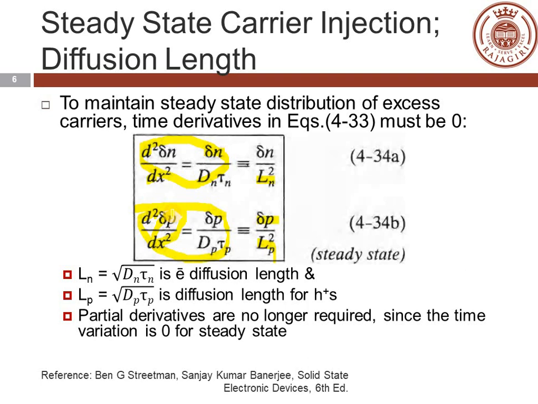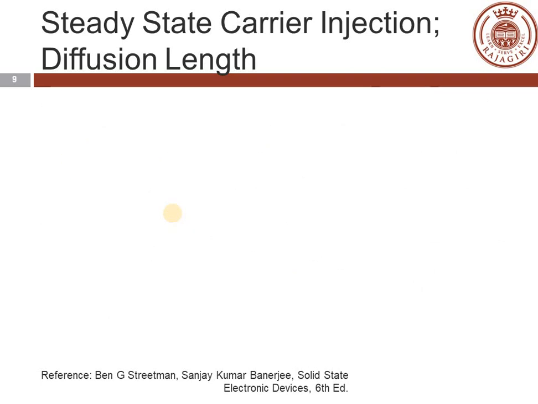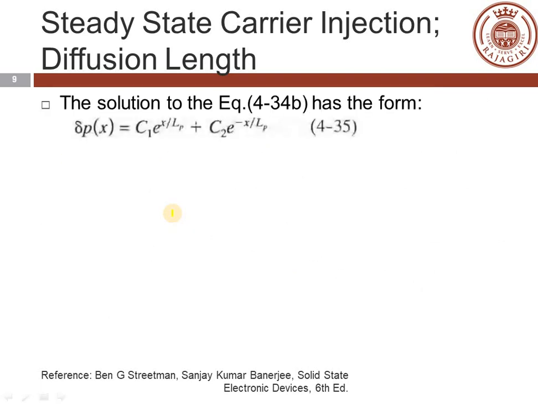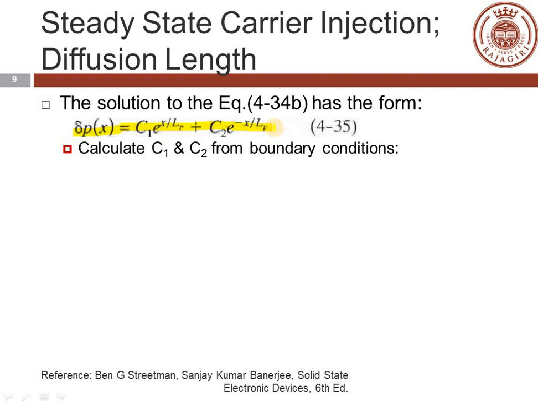So the solution will be small delta P of x is equal to C1 e to the power x by Lp plus C2 e to the power minus x by Lp, where C1 and C2 are constants. Now we can calculate C1 and C2 by applying boundary conditions. So we will be applying two boundary conditions.